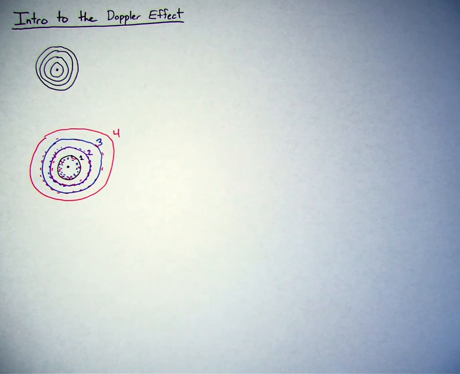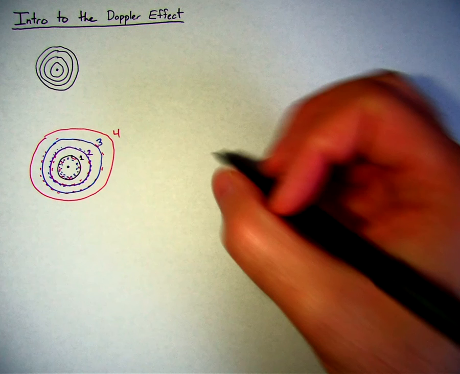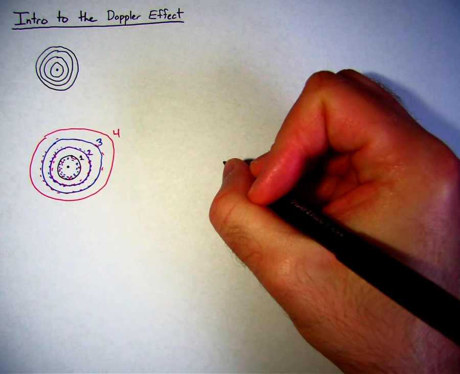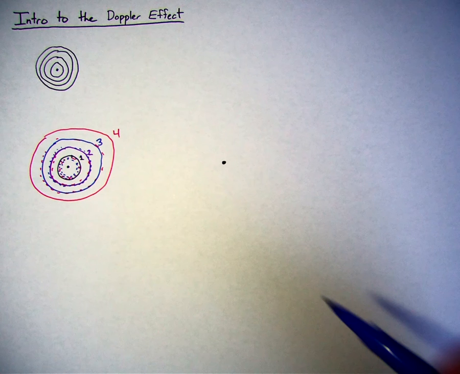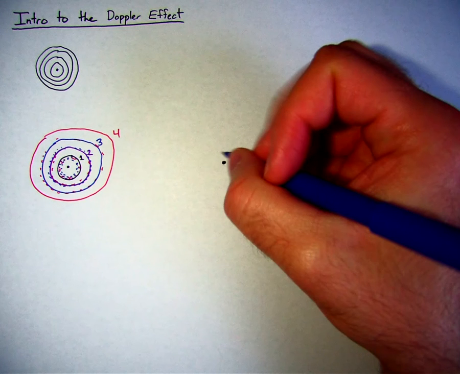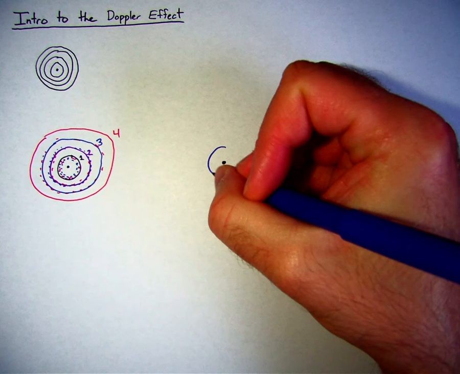Now, what if we actually moved where our finger was? Let's say we're moving to the right. If we create our dot right there, after the first second, our original wave is going to be about like so.